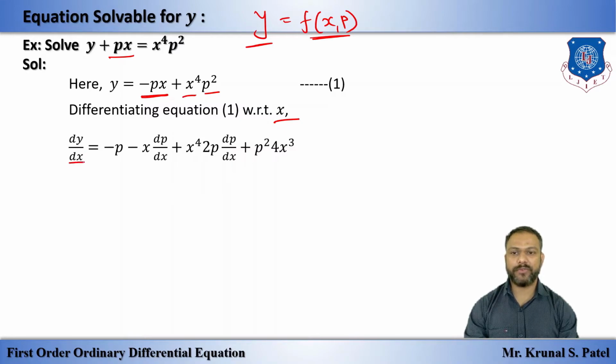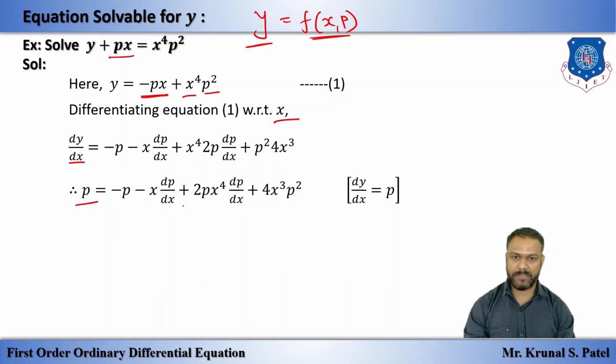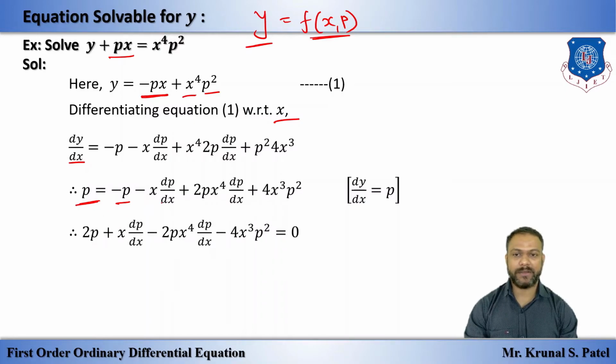Now putting the value of dy by dx as p, we have this equation. Now we have to factorize this, like we can put terms together. So this and this becomes 2p. If we take all these terms on the left hand side, this becomes 2p, this minus becomes plus, this plus becomes minus, and plus becomes minus.